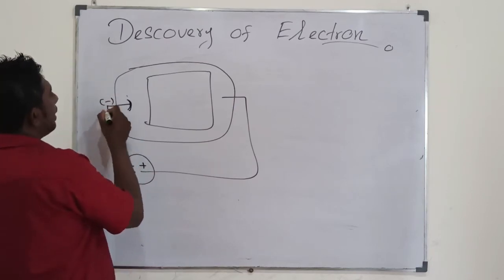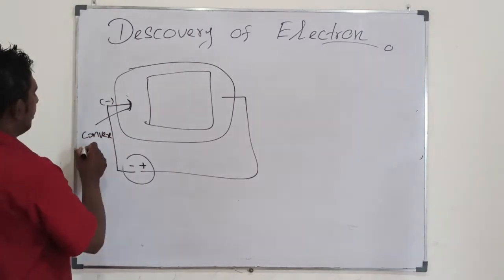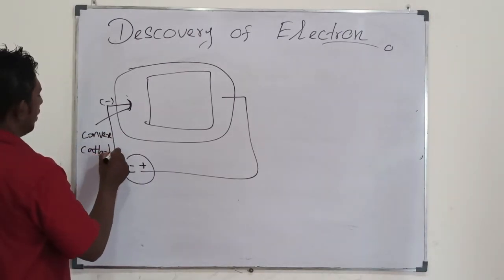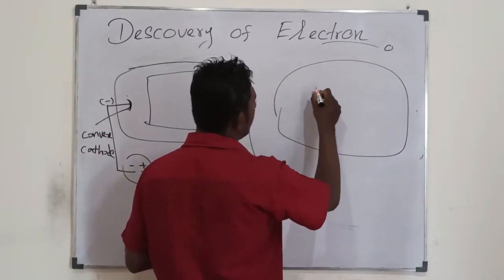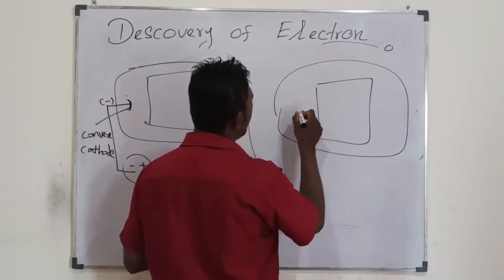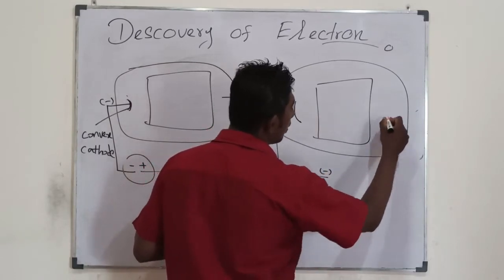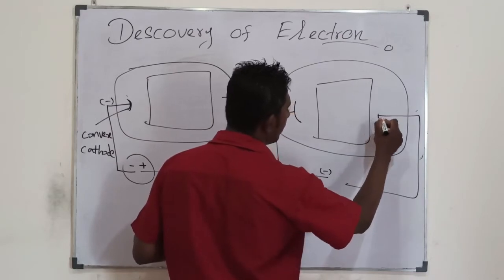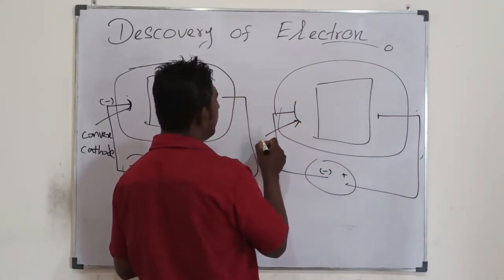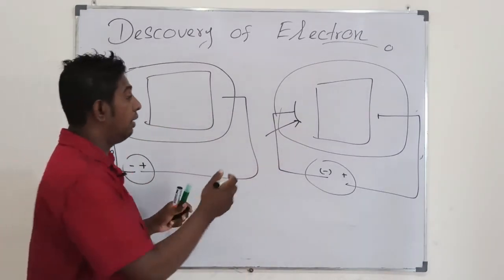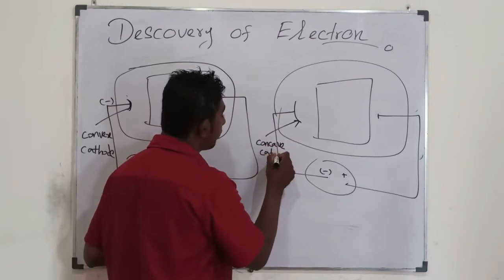It is the cathode, convex cathode. So in another cathode ray tube, there was another screen kept. It was a concave cathode kept. This is the cathode. It is now the shape of the cathode, concave.